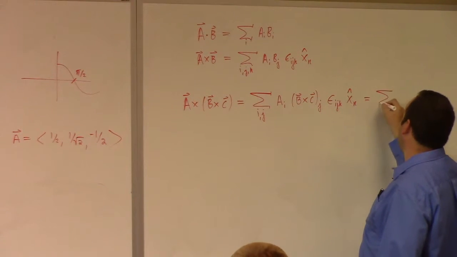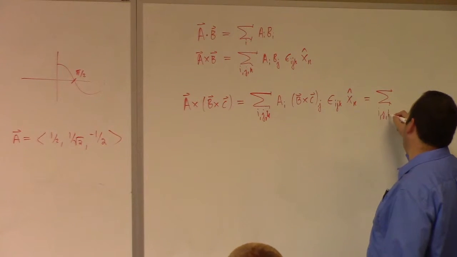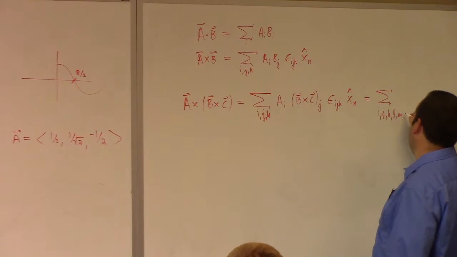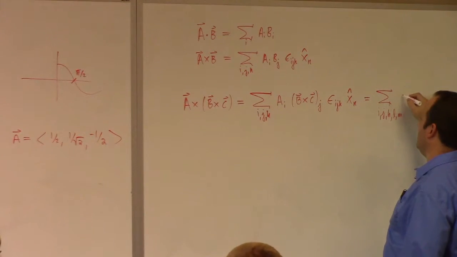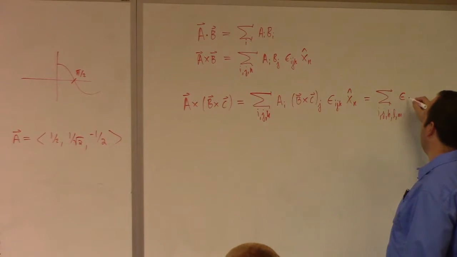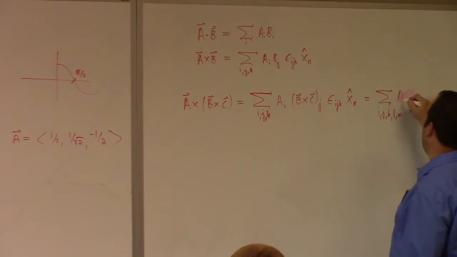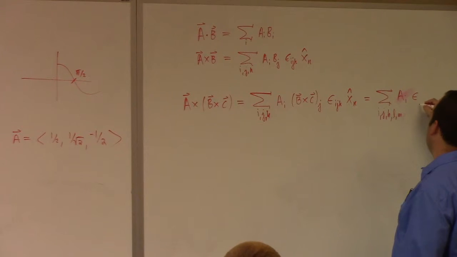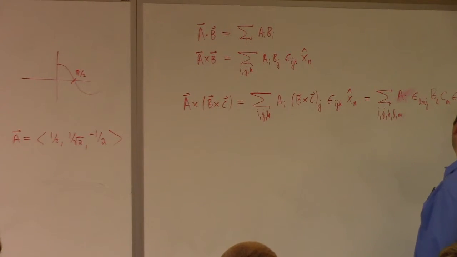Eventually you get the sum over I, J, K, L, M, I think I and L and M will do. It's A_I epsilon_LMJ B_L C_M epsilon_IJK x hat_K.